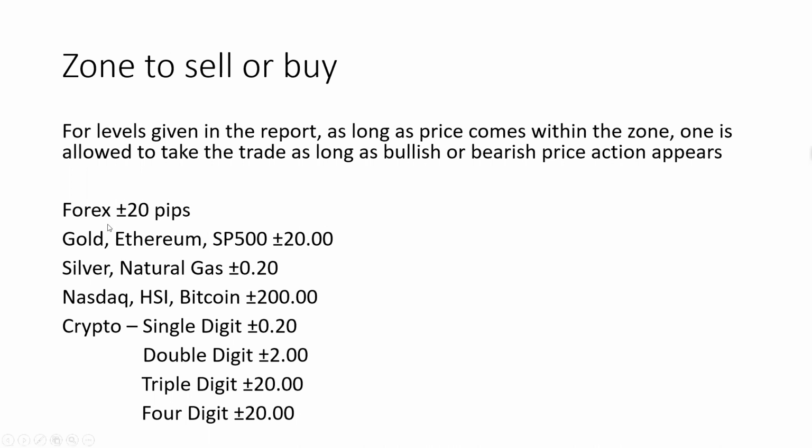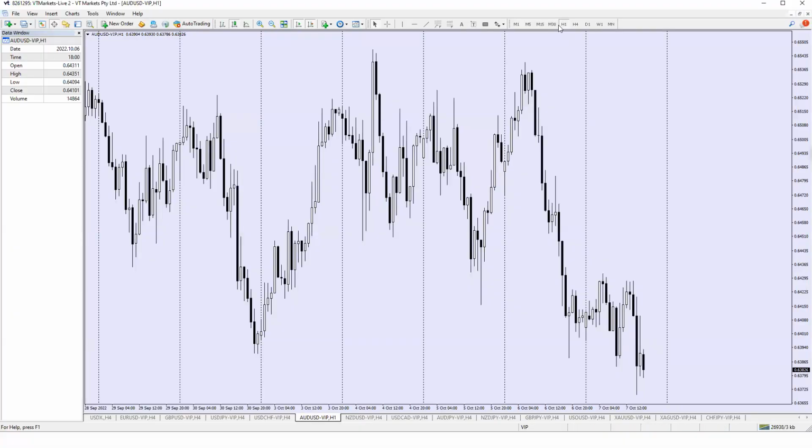So note one thing over here: let's say we are talking about 20 pips. What does 20 pips really mean? Let's look over here now. What's happening here, let's put down the number: 0.63828.